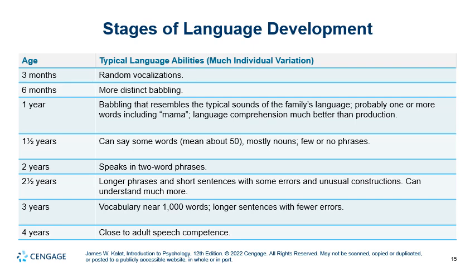At 3 years, their vocabulary has grown to approximately 1,000 words, and they're able to use longer sentences with fewer errors. And finally, at 4 years old, their speech is almost that of an adult, so they're now able to communicate effectively with adults.